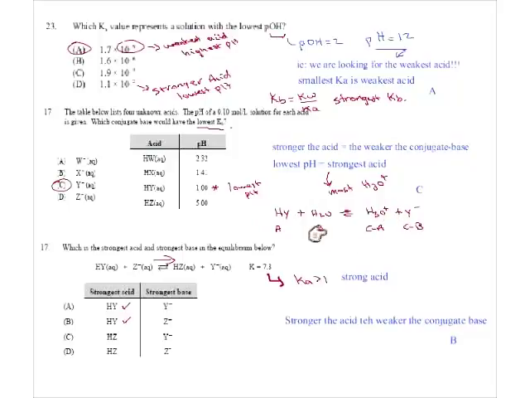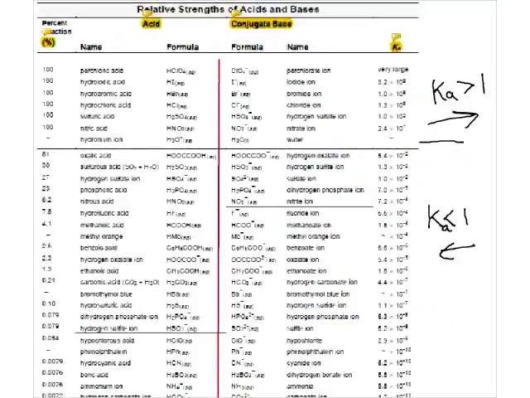Which means if this guy's acting as a base, it must be stronger than that guy, because that's going to be the weakest base of all, because this is the strongest acid. So therefore, the strongest base is going to be Z minus. So the answer is B. Okay, so the stronger the acid, the weaker the conjugate base. All right, and that's that.